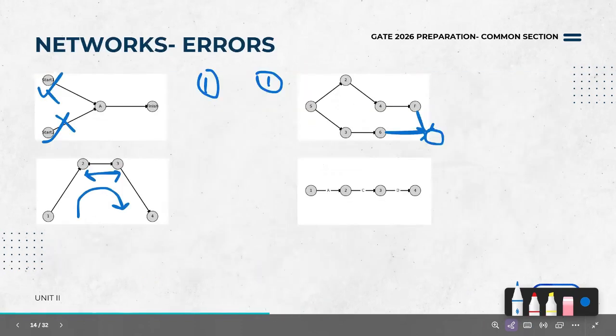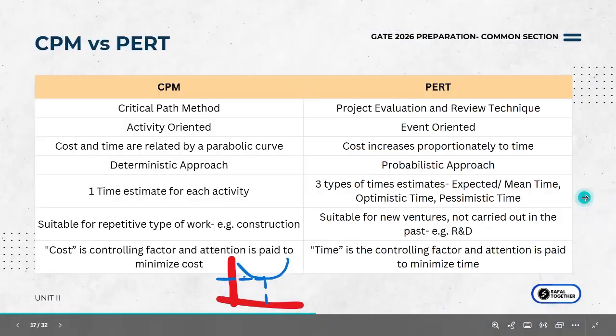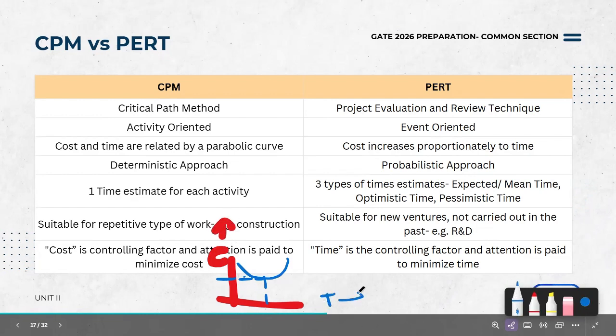Say this is the cost on the y-axis, and then you have time on the x-axis. What they're trying to do is achieve this particular point where your cost and time are optimal. You're not wasting time, you're not wasting money, you're optimizing whatever resources are being provided to you. So this cost and time relation in CPM is considered to be this parabolic curve.